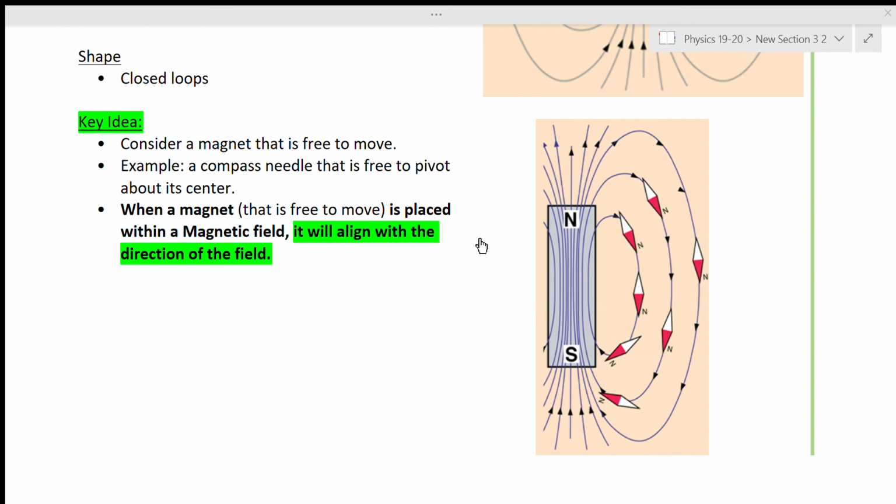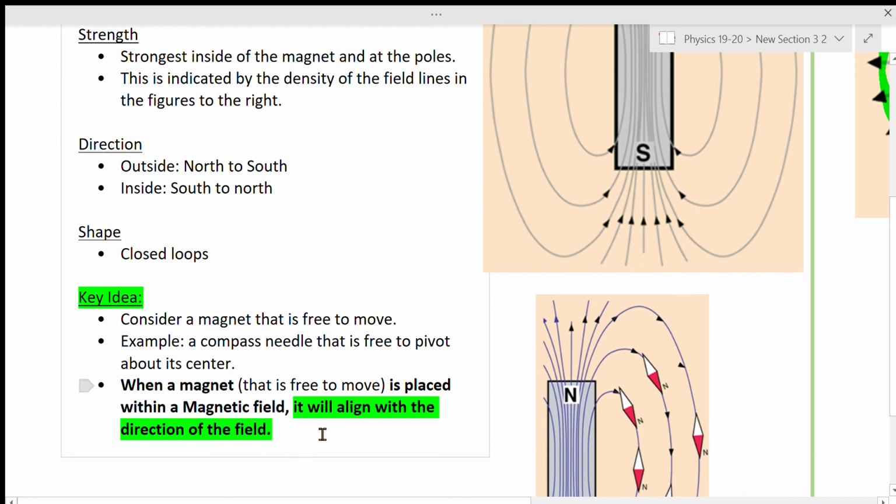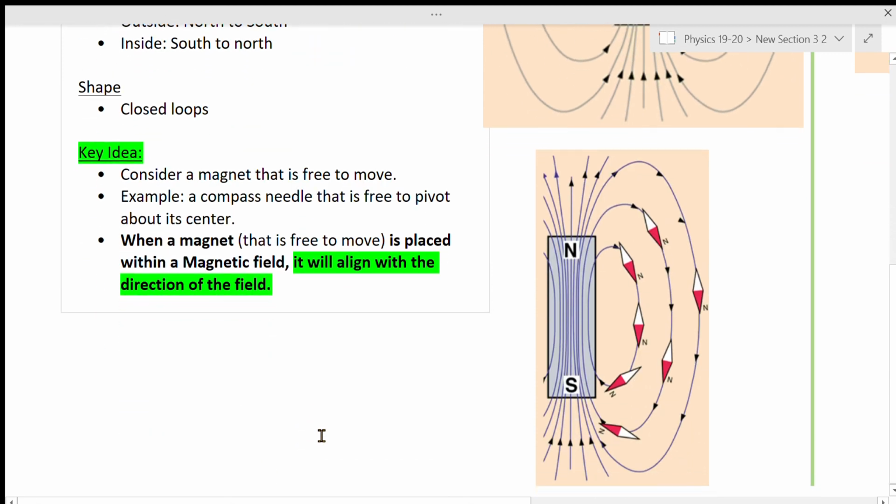Sometimes I call a compass a magnetic field detector, because that's what it does: it detects the direction of the magnetic field, and everywhere I put it, it aligns with the direction of the field. That is a really important concept with magnets and magnetic fields. Okay, I hope this video has been useful, and I hope y'all enjoy the next one.